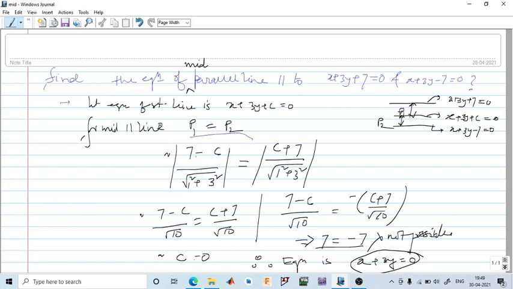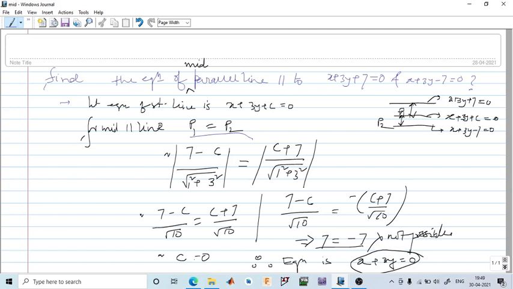If p1 equals p2, then 7 minus c, where p1 means the distance between x plus 3y plus 7 equals 0 and x plus 3y plus c equals 0, which we are considering as the parallel line. If we try to solve, you will get that the value of c is 0.